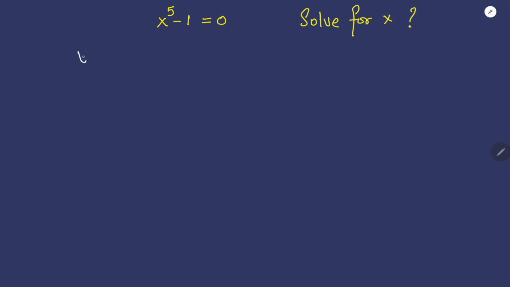For that I need to know this formula, x raised to power n minus 1. What is x raised to power n minus 1? There is a formula for this, and that is equal to x minus 1 times x raised to power n minus 1 plus x raised to power n minus 2, and it goes on up to x plus 1.